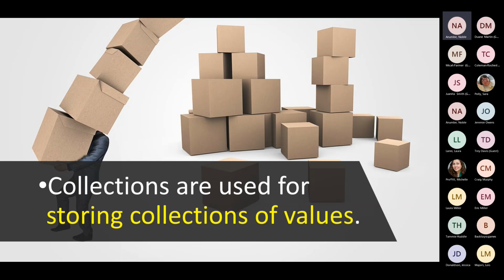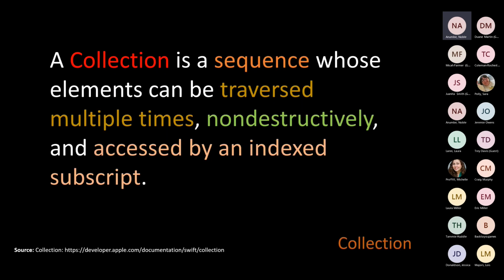What I had mentioned the last time was that a collection is a sequence that has a couple of elements, and that these elements can be traversed. In other words, you can run an operation through those elements multiple times in a non-destructive manner, and that they can also be accessed by indexes, pretty much like saying that you have a neighborhood, a bunch of people living within a neighborhood, right?